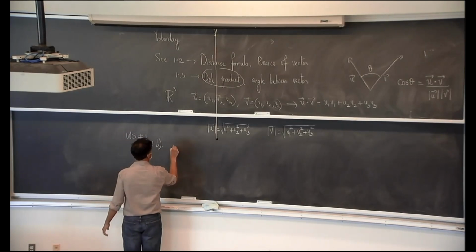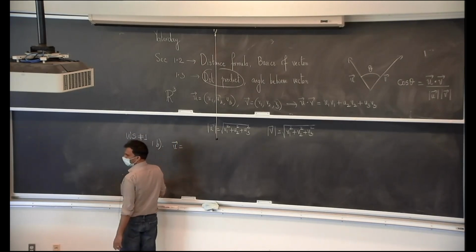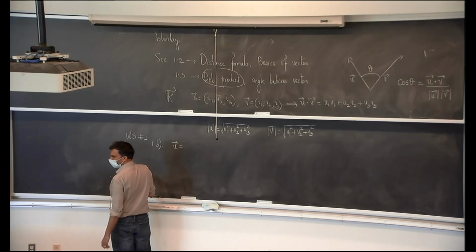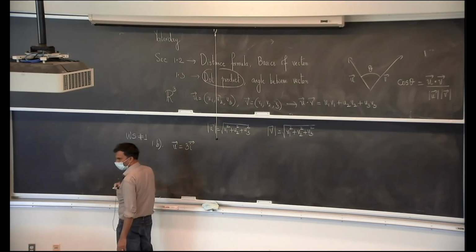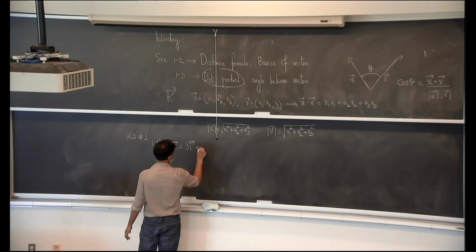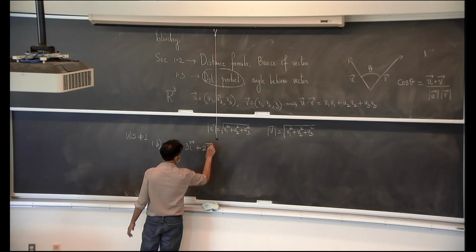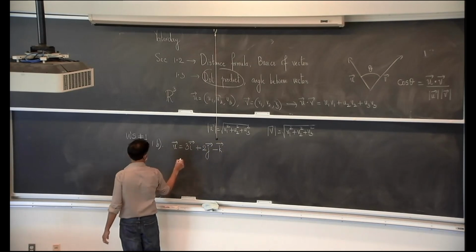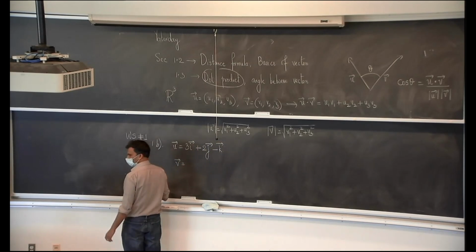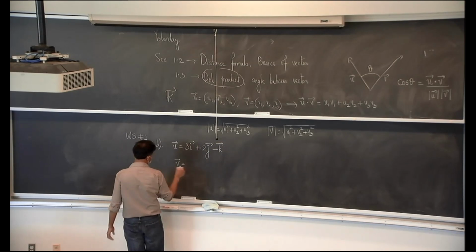You have two vectors, u equal to 3i plus 2j minus k, and v equal to i plus 4j minus 5k.